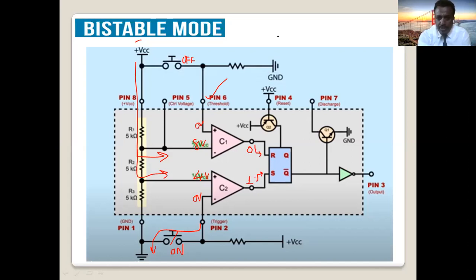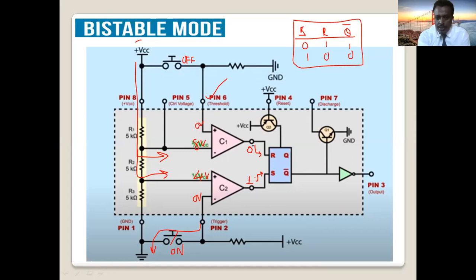Now, what is set and reset? If you see the truth table, if reset is 1, always Q bar is 1. When set is 1 and reset is 0, Q bar will be 0. This is the truth table of the SR flip-flop.